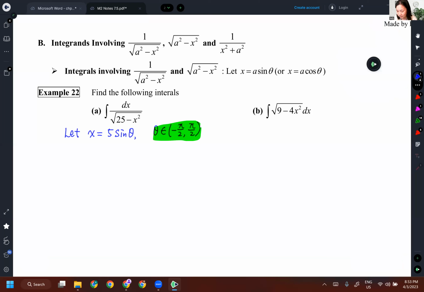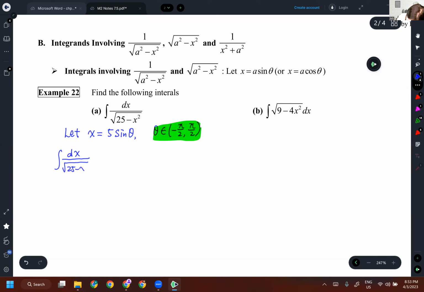Okay. And then I will do the substitution. This time the substitution is a little bit different. Wait to see if you can spot the difference. Now I have all the things in x, and I suddenly change all of them to theta.